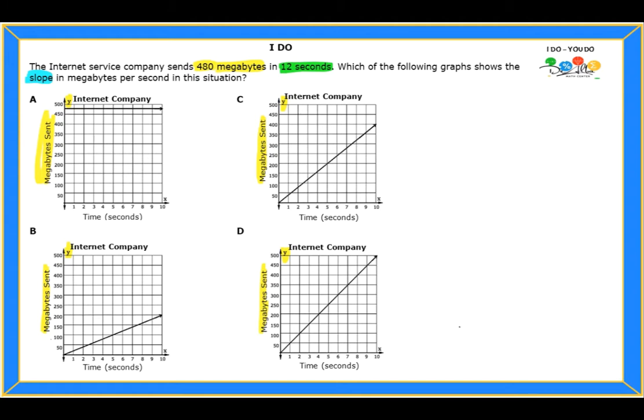That means that's the only way that I need to write down my numbers without changing anything. What about seconds? Well, seconds is the time that it takes for that internet service company to send those megabytes. And that's still on the x-axis. Very good. Okay, are we good up to there?